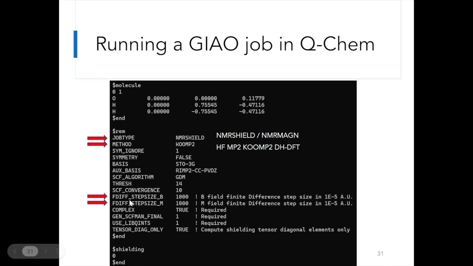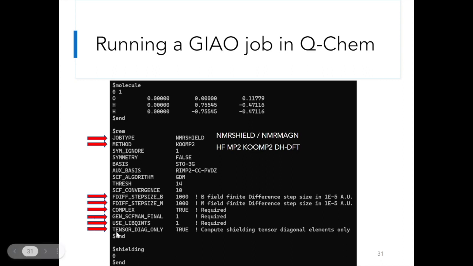Then you have the step size of the finite difference, both in B and M, which can be tuned to optimize the numerical accuracy. We also have three variables that are just required at the moment. Our code is only routed through GNCM and final, so we have to turn that on. Integrals are only implemented in libqint, so we also want to use that.